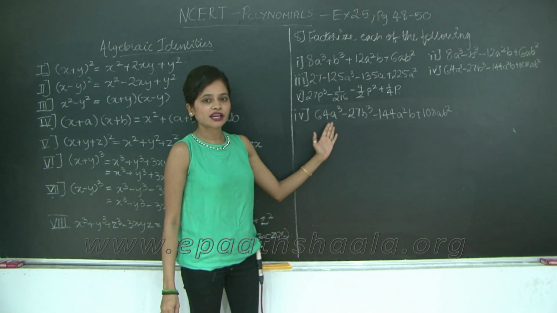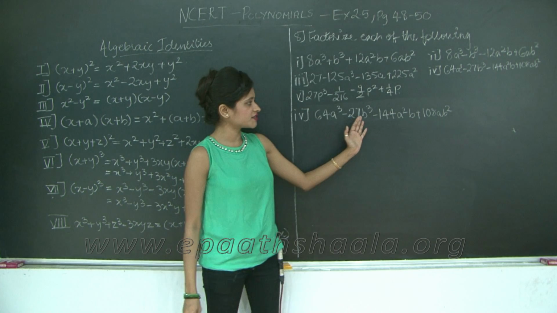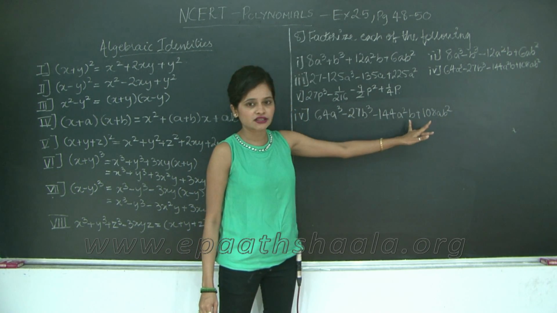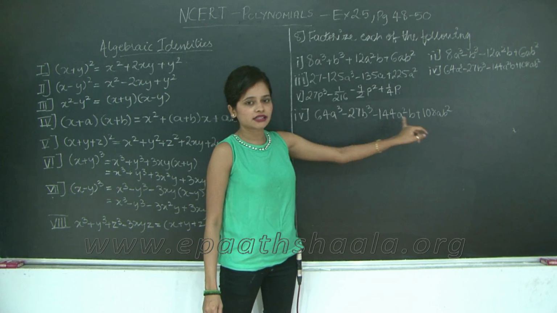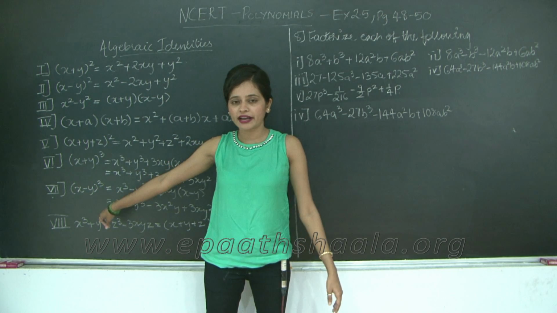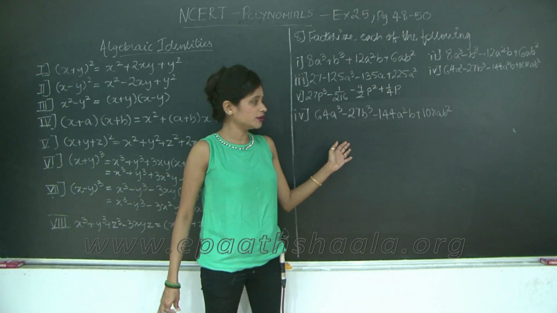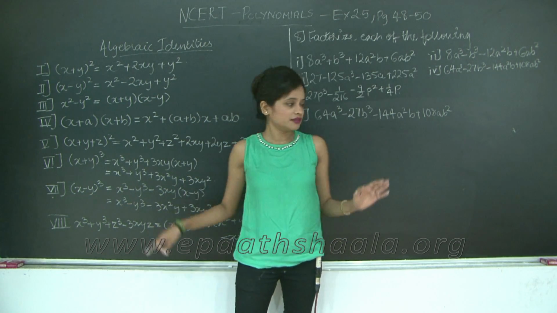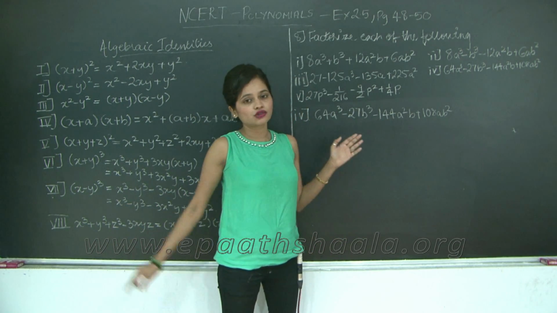So the first two terms are going to be perfect cubes with negative signs in between, and then you have a square b and ab square with their respective coefficients and alternating negative and positive sign. Now this resembles my identity number 7. So I am going to use my identity number 7 to solve this question. Also, I have been given the right hand side of this identity. I need to find the left hand side.